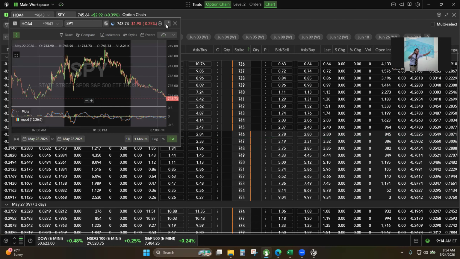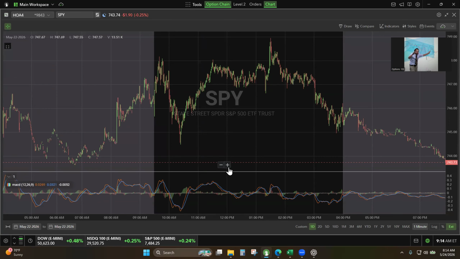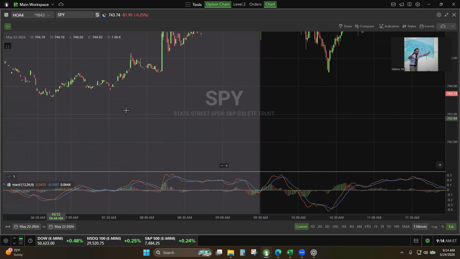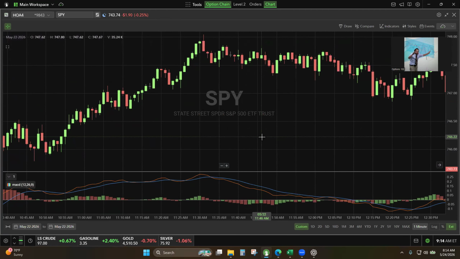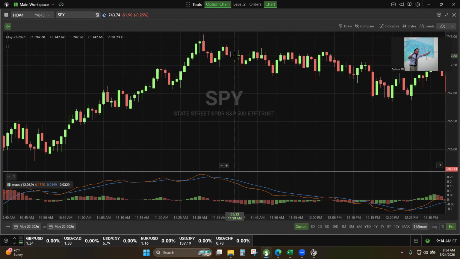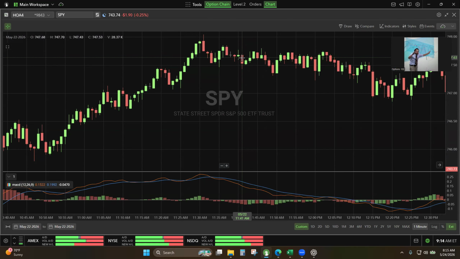Go to 11:39. I'll just zoom in to get that price. 11:39, and I'm out on the next one, 11:40. I actually get in right here, and this one is sort of a doji on the option, and then it drops.